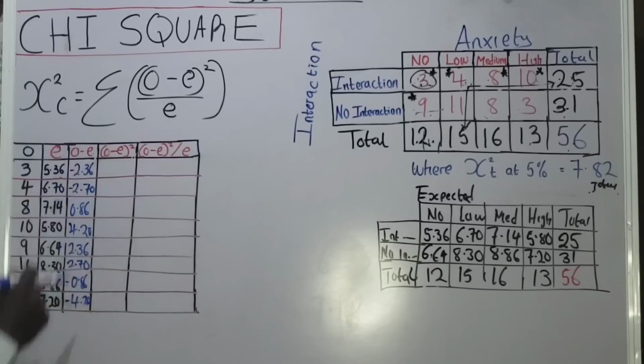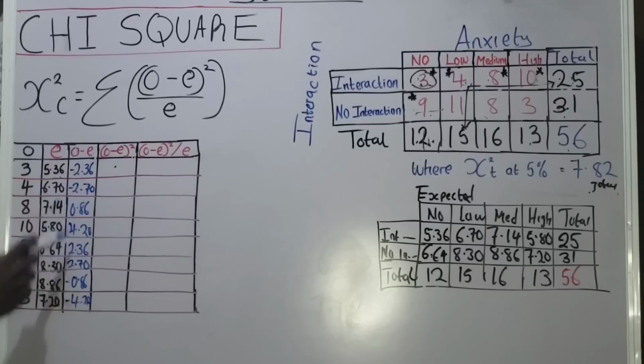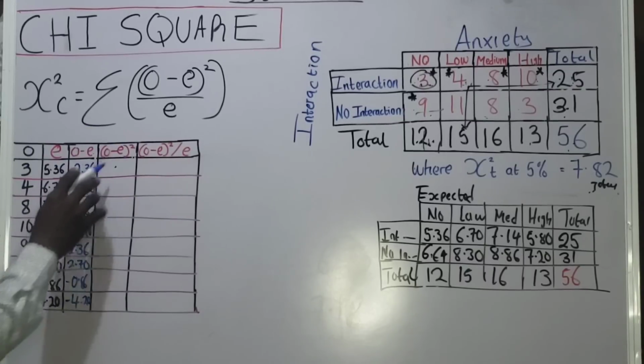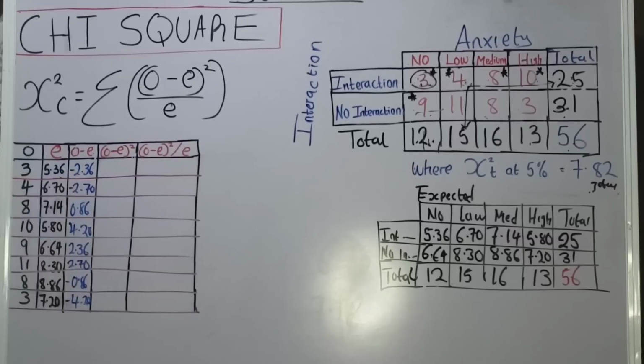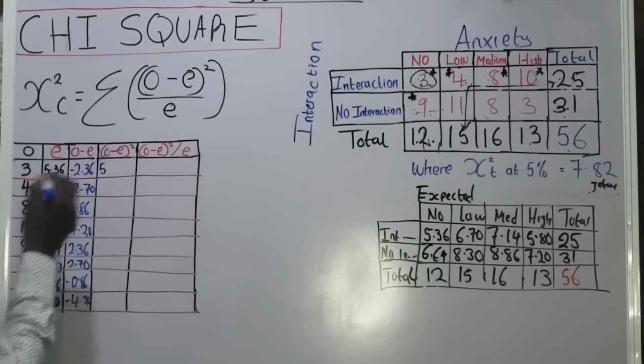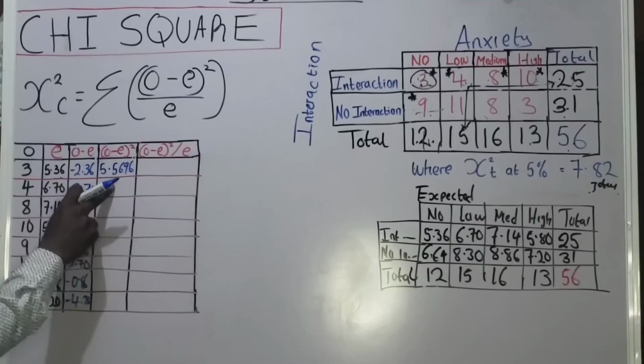Now, the next cells are observed minus expected squared. I've already taken the differences, so the value of these cells will be the square of the individual differences. Squaring negative 2.36 gives 5.5696.